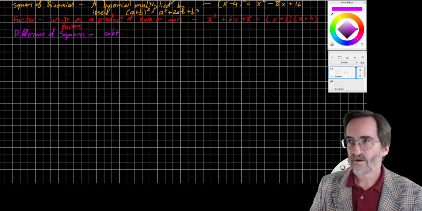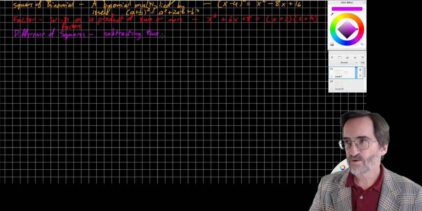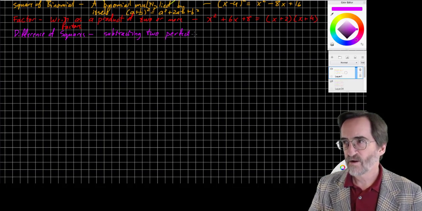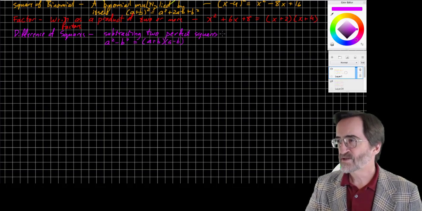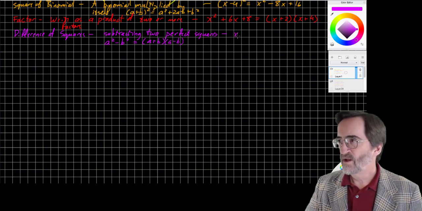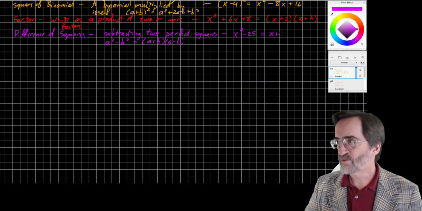Subtracting two perfect squares. Pattern is a squared minus b squared equals a plus b times a minus b. Specific example, x squared minus 25 equals x plus 5 times x minus 5.